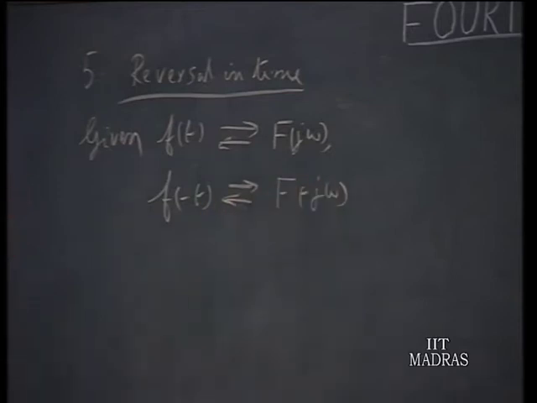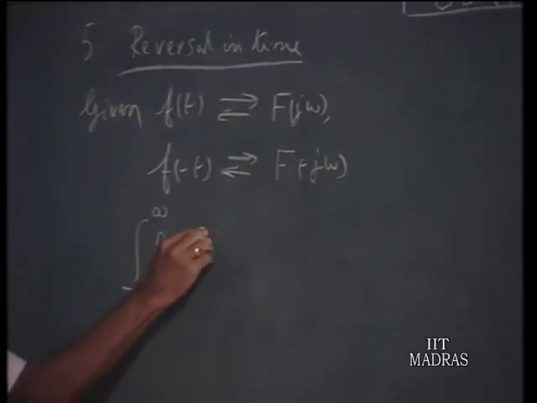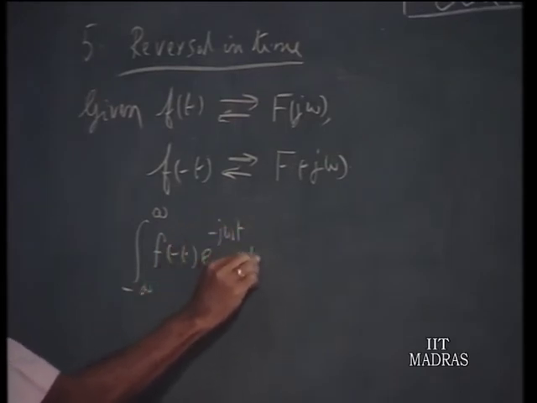It is straightforward to show this, because after all you have now the integral from minus infinity to plus infinity of f of minus t e to the power of minus j omega t dt.